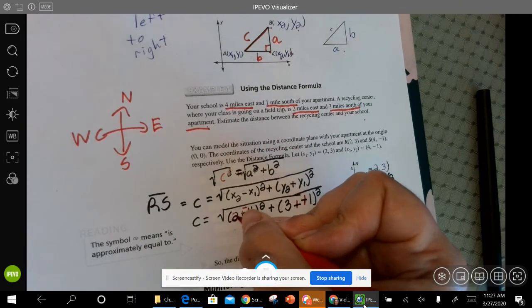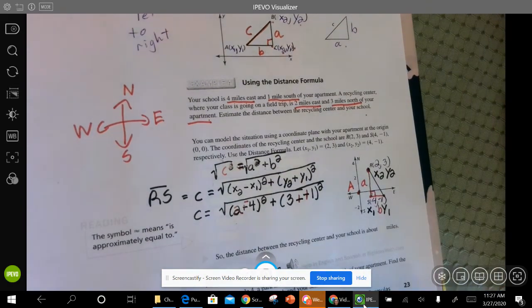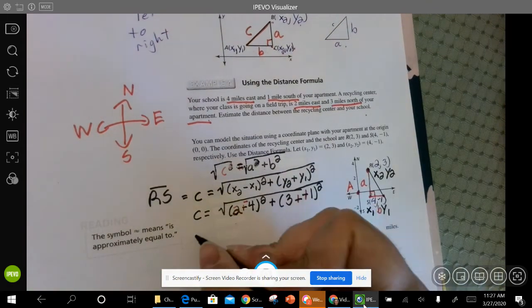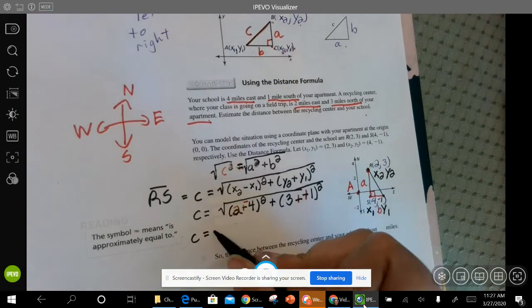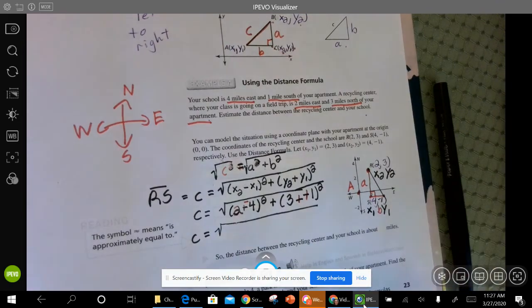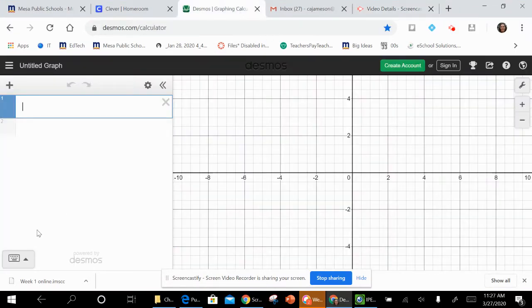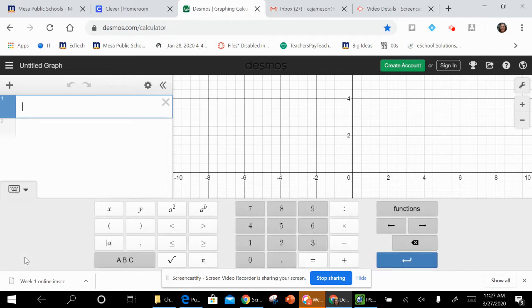And on Desmos, everybody, you can enter this all in too, and it'll definitely work. So let me show how to put it into Desmos. See right here, everybody, that's the square root.